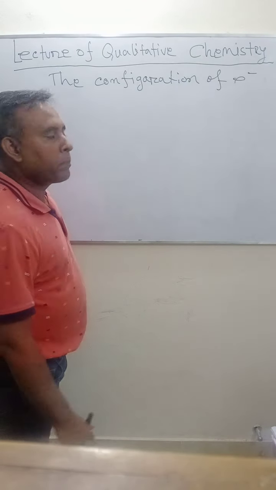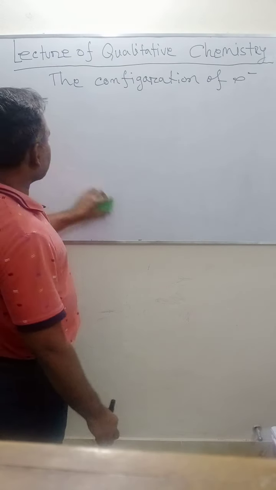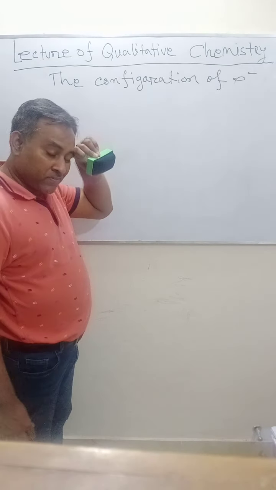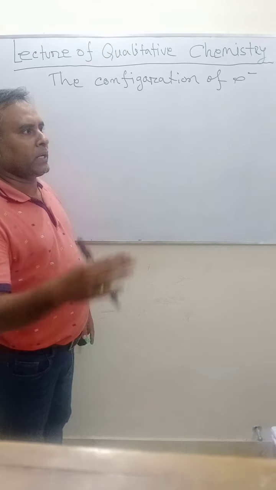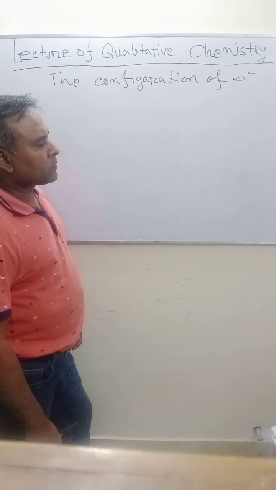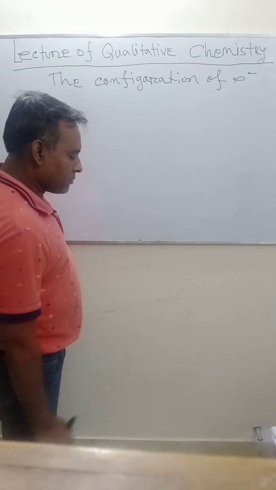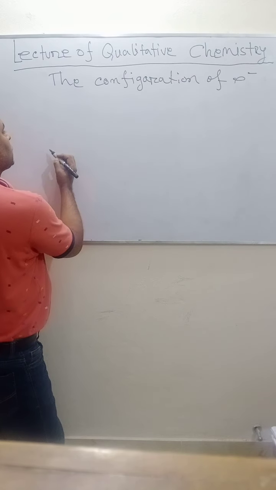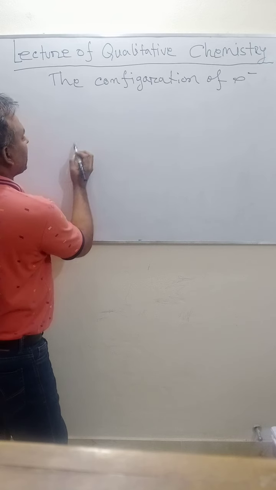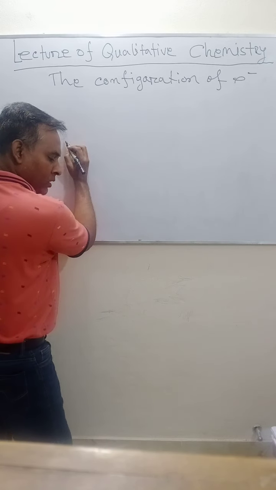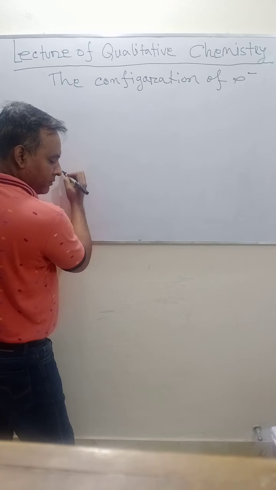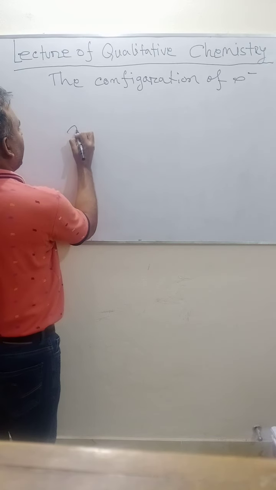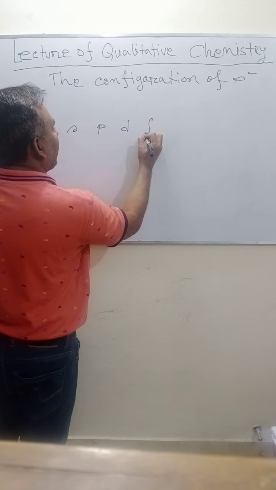Now let's start the Aufbau principle. Aufbau is a German word. Aufbau principle, this is the building up. In the Aufbau principle, there are different subshells: s, p, d, f.